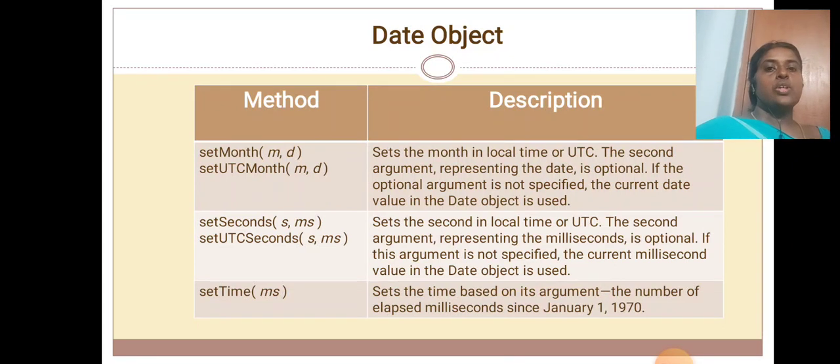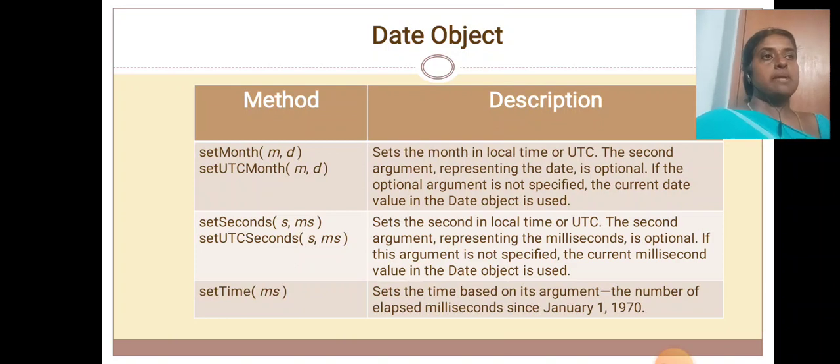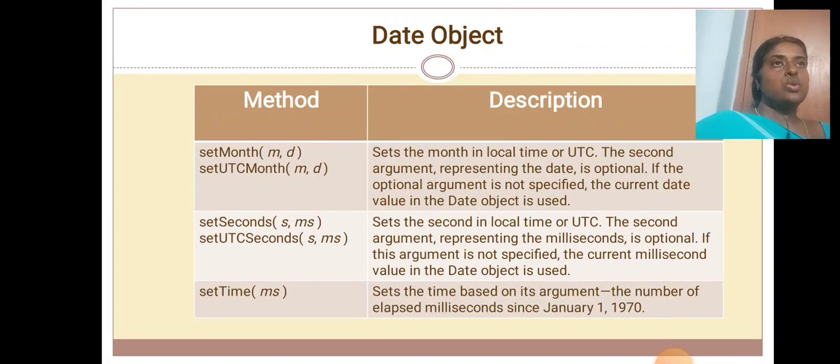Next method we are going to discuss is set month or set UTC month. These two methods are used to initialize the month value in your system or a worldwide timing system. For setting the month, you have to pass 2 arguments. First one is month, second one is day. For example, September 15th, I can change. For September, the month is 8 because the month code is specified from 0 to 11.